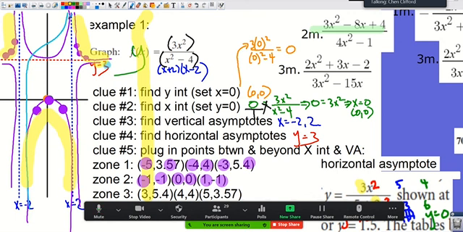All right. So right now, I want you to do the same thing for 2M and 3M. You're going to set up zones and pick some x coordinates for each zone, the easiest ones.